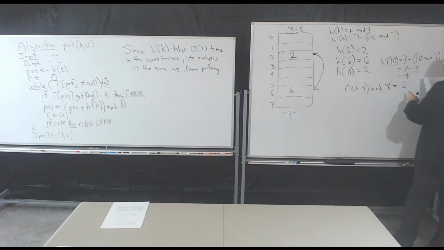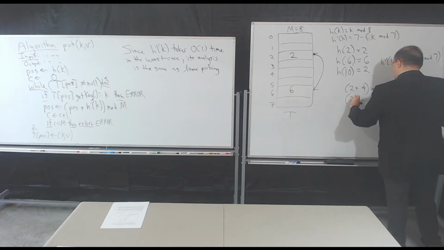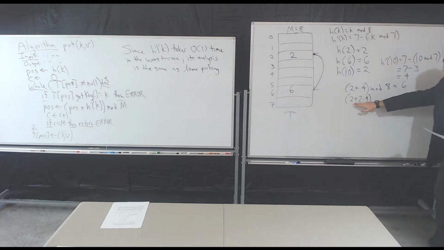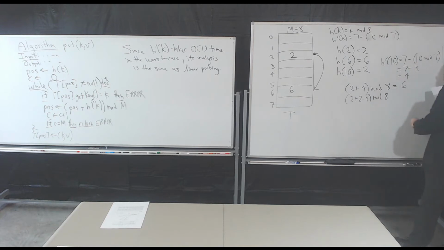Okay, so that's 6. We get a collision again. So according to the double hashing scheme, I'm supposed to go 2 times 4 here. So remember, h of k plus 2 times h prime of k, mod 8. What's this? 2 plus 8, that's 10, right? Well, what's 10 mod 8?